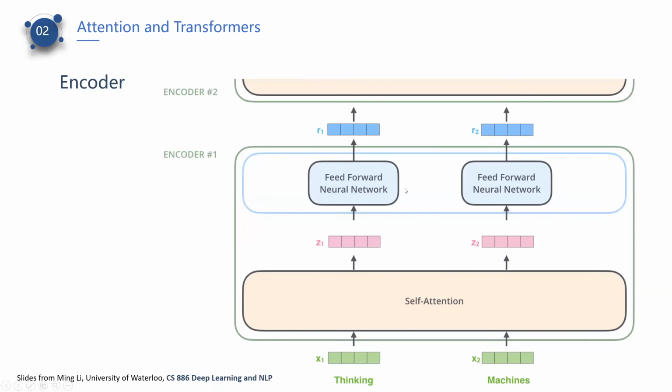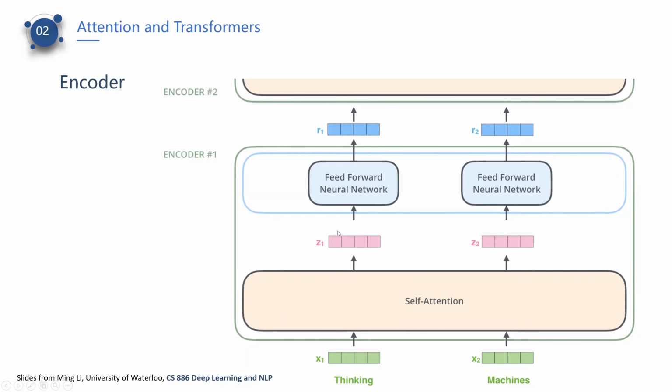So let's go into a little more detail. Let's look at a very simple example, 2 words from this very nice lecture: Thinking Machines. We want to translate that. So we take each word and do the initial encoding, the embedding. This one is 4-dimensional. Then we apply the self-attention.